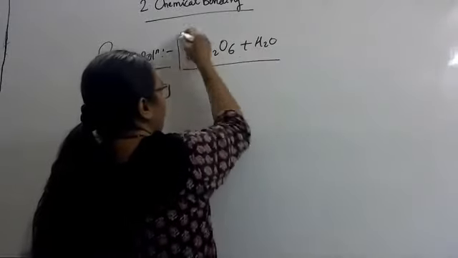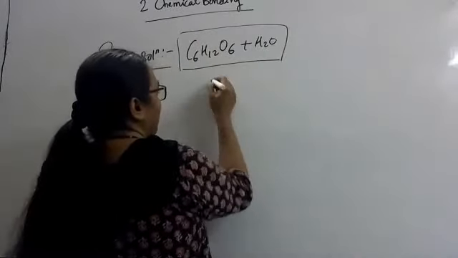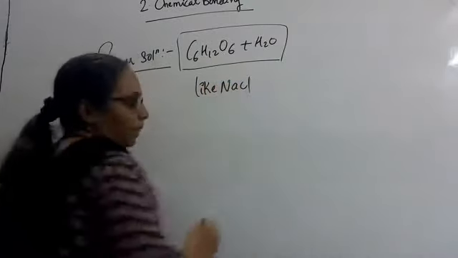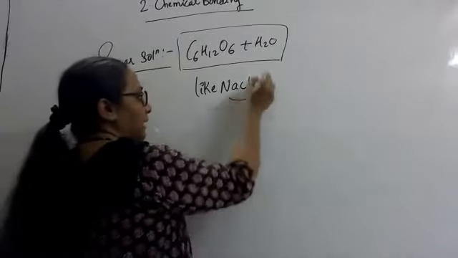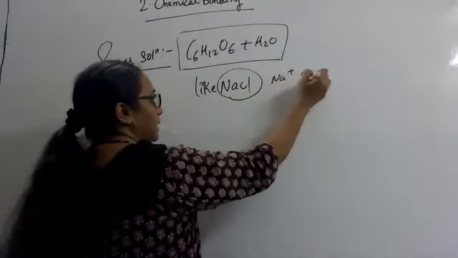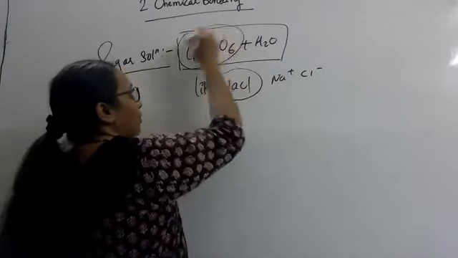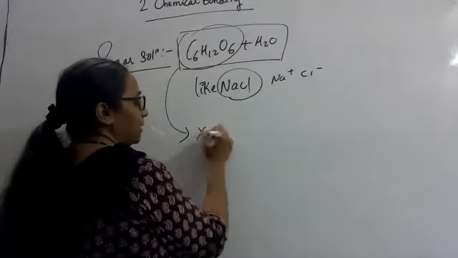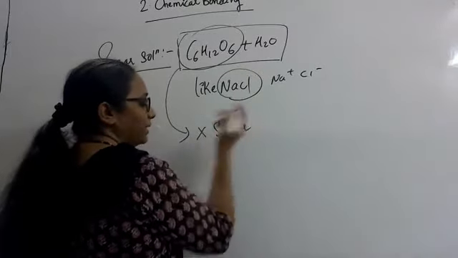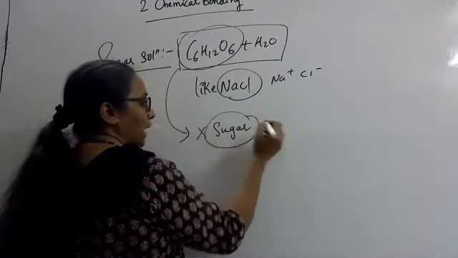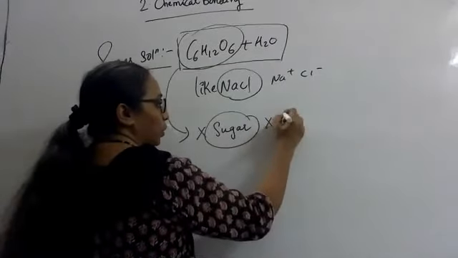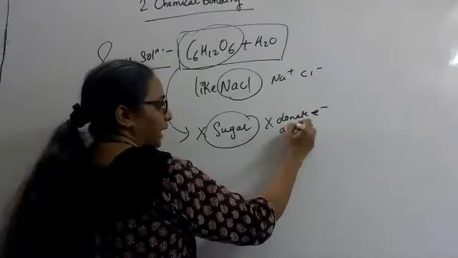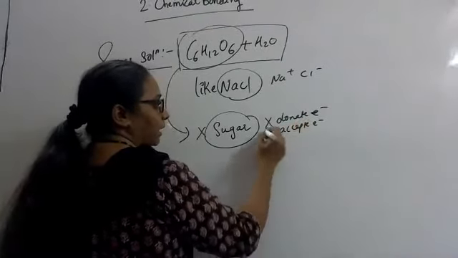So this sugar solution, you can see like NaCl and water. This NaCl is Na plus and Cl minus. So such type of positive and negative charges are not present in sugar solution. Sugar does not donate electrons, neither does it accept electrons.